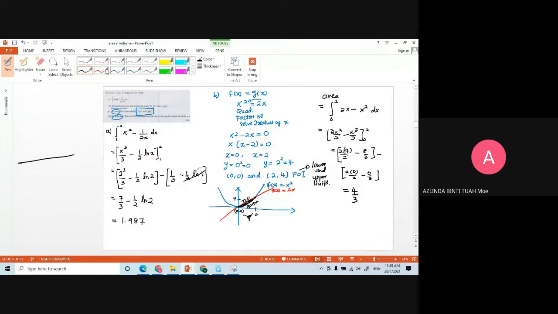Hanya perlu letak pi di depan dan squarekan setiap satu function. Yang atas top curve squared, bottom curve also squared, dx. Use the same limit 0 until 2. Okay, tell me the value of the volume here.